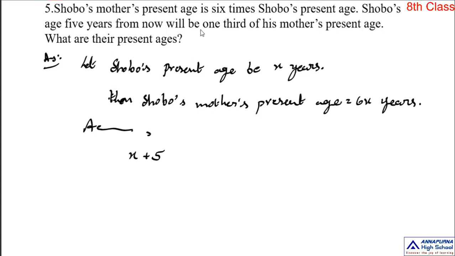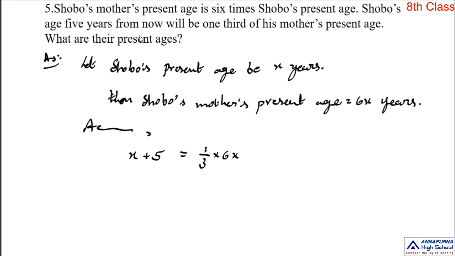That age will be one third of his mother's present age. Mother's present age is 6x years. So one third of this age. One third of means multiplication. 1/3 into 6x. So these two are equal.